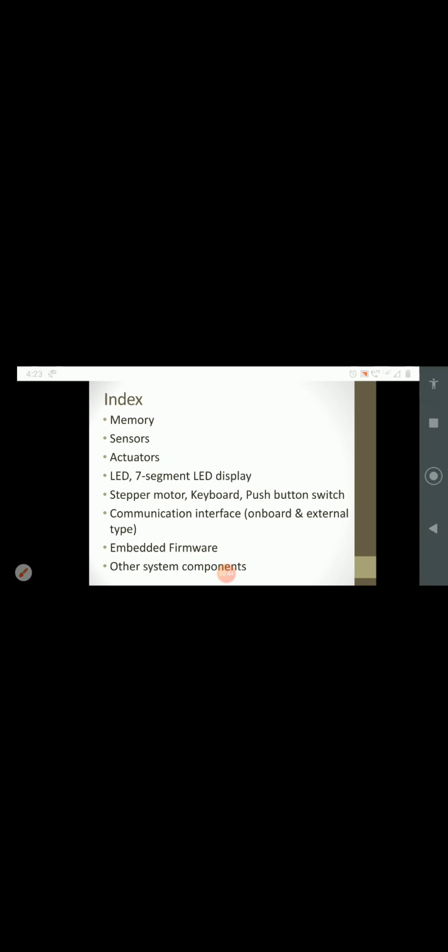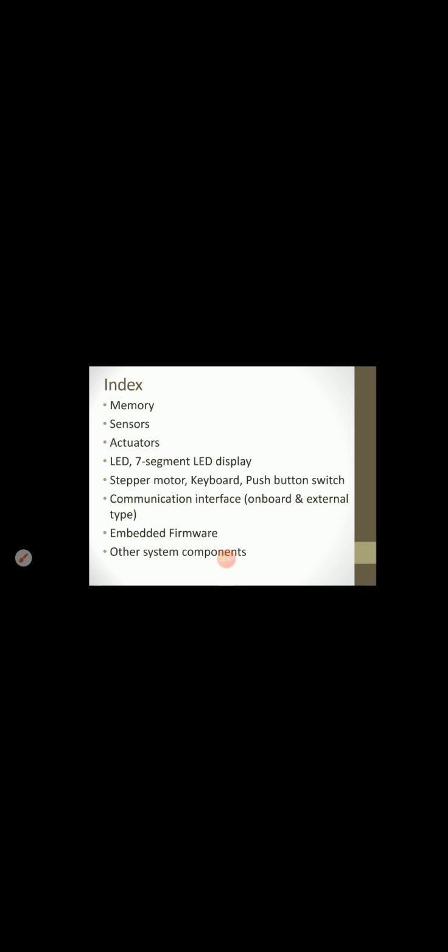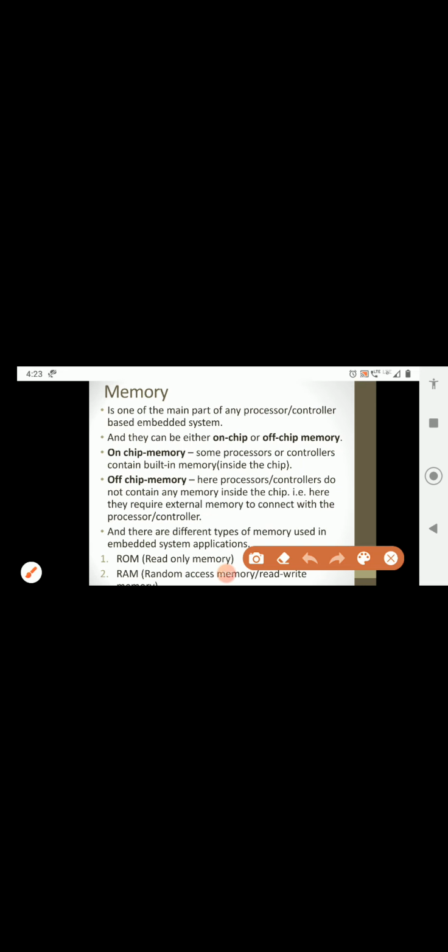Okay, now we'll start with the memory part. If you consider any embedded system, the memory becomes very important along with the processor and controller.